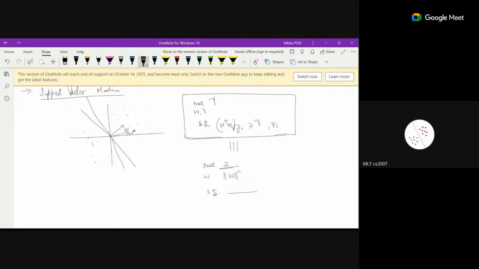Now this is a maximization problem, but we can also write it in the form of a minimization problem.